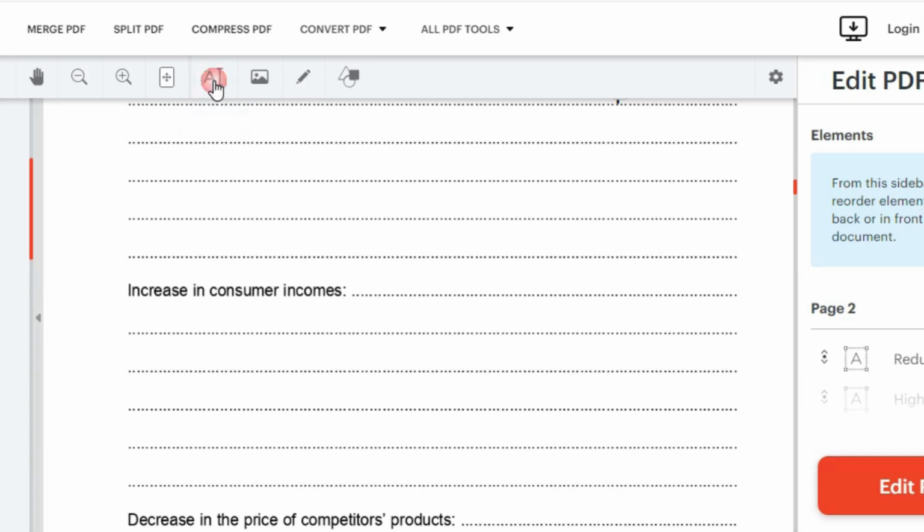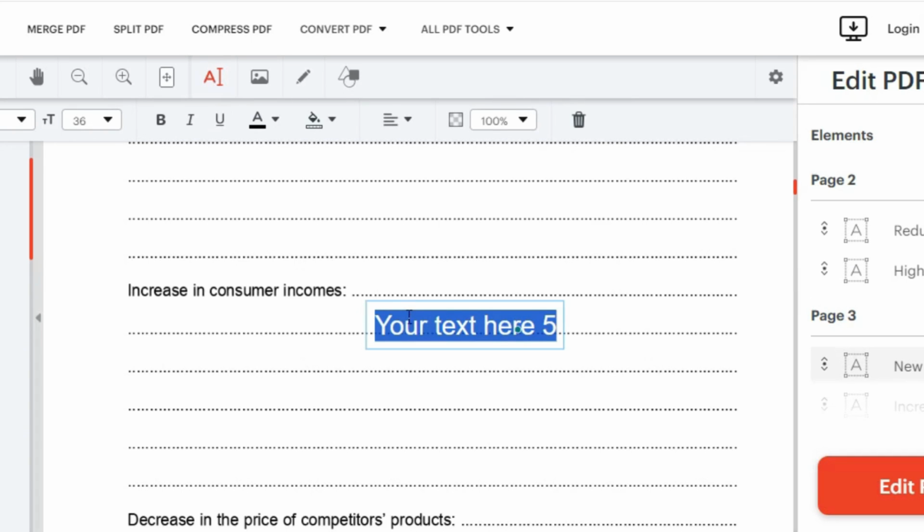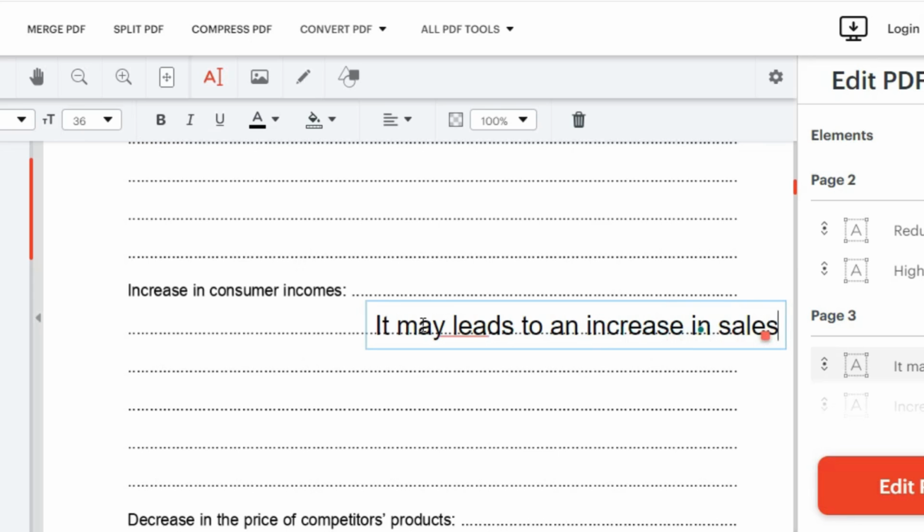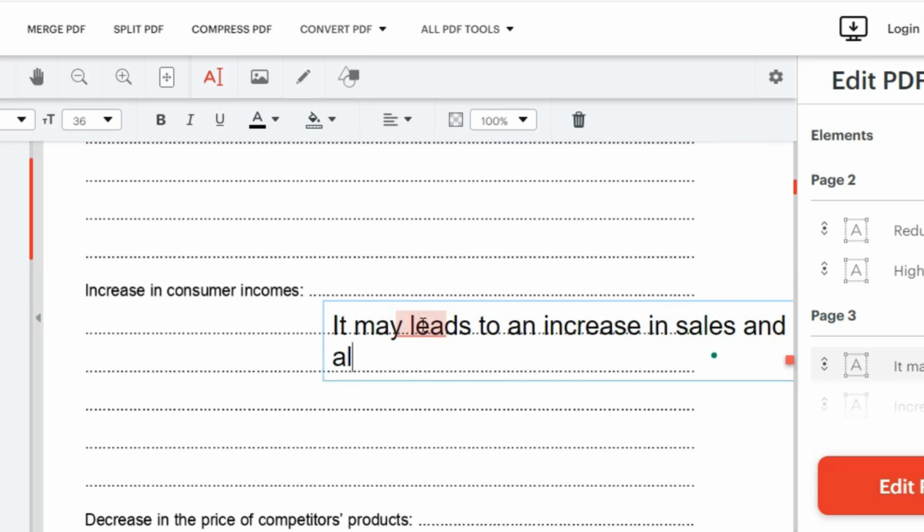Now let us write the salient points out here. It may lead to an increase in sales, and also to an increase in RW's revenue.